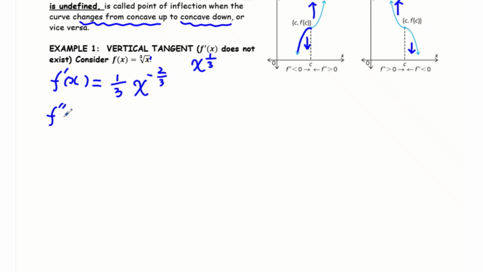Then we are going to find the second derivative. So this one is 1/3, then bring the degree to the front, then degree minus 1, so 5/3. So we will look for the f double prime.